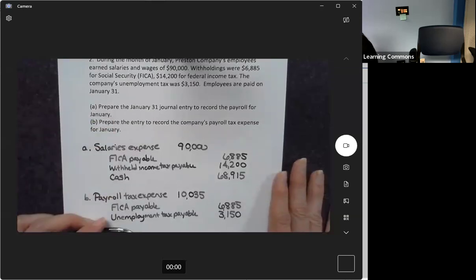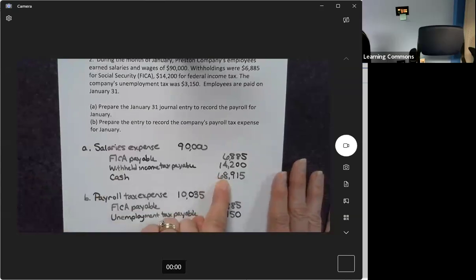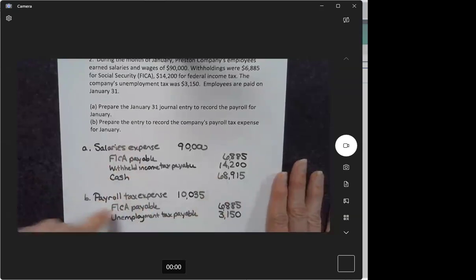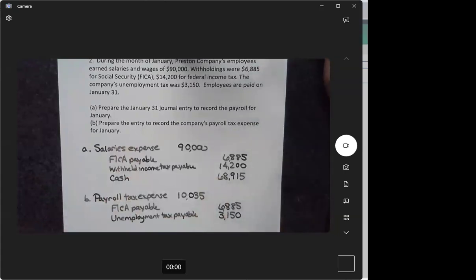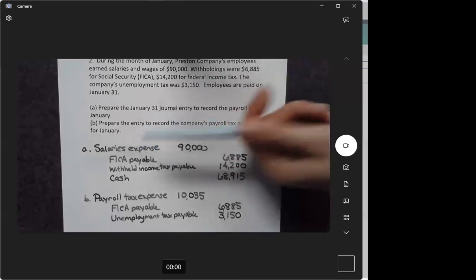So nothing super complicated, just knowing, again, who pays what taxes, how do we come up with the net pay that actually shows up on the paychecks. But it does create all these additional liabilities for the company that they are responsible for paying in addition to salaries.